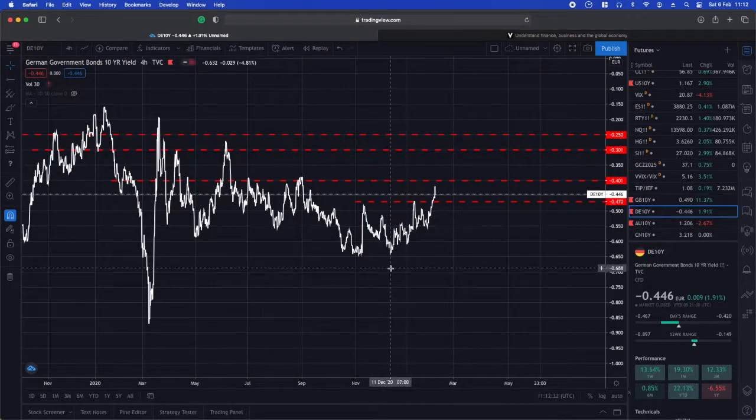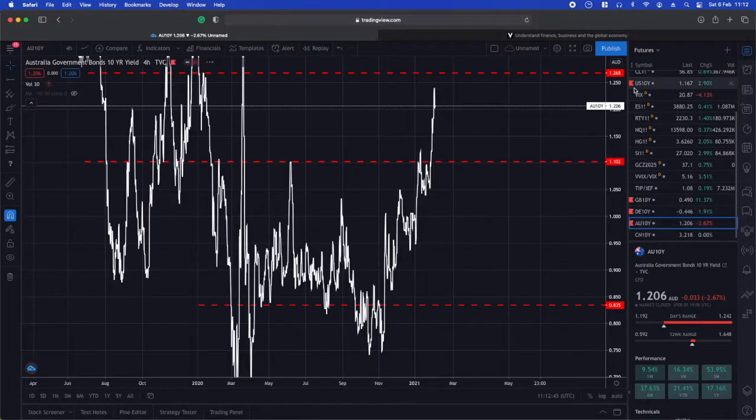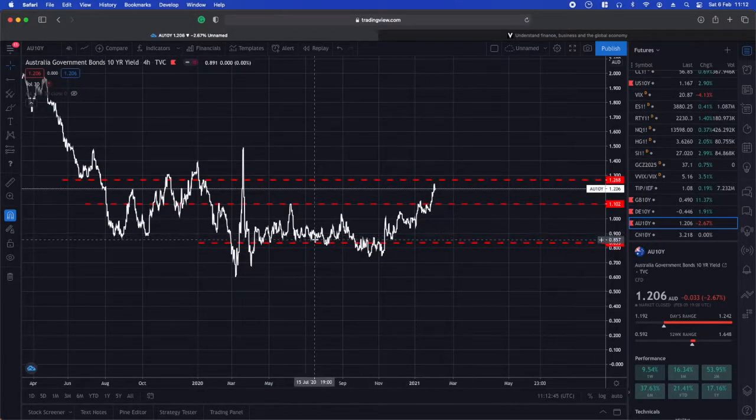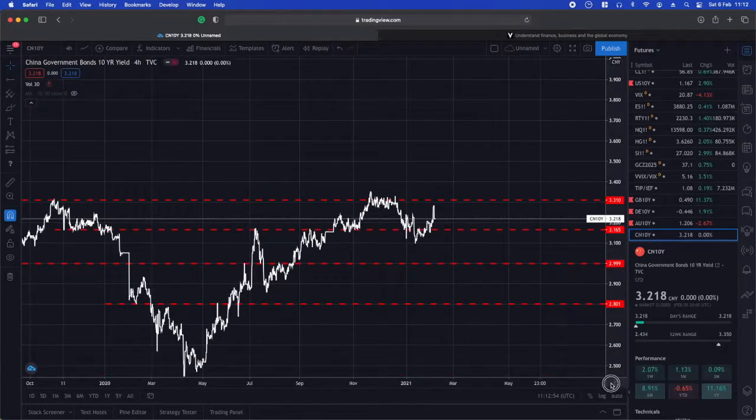Okay, it made its low, you could either say December or November, most recent, and it's started to move up, and it's moving through these levels. Australia is moving up. The odd one out, I think, might be China.